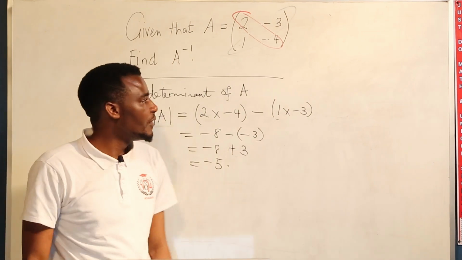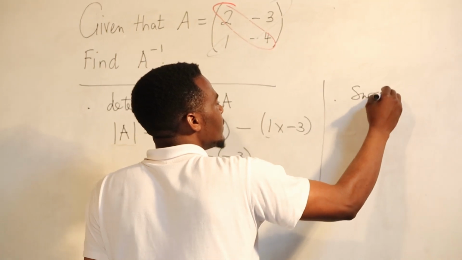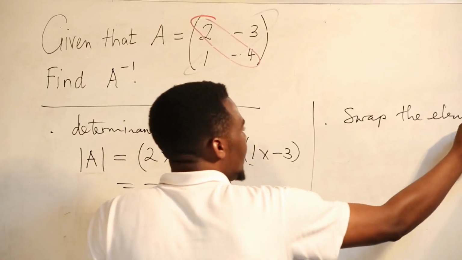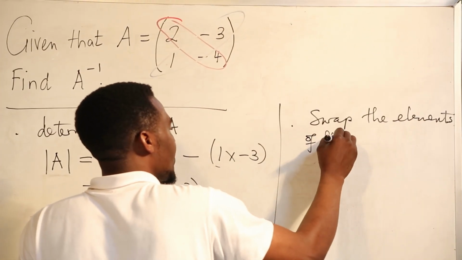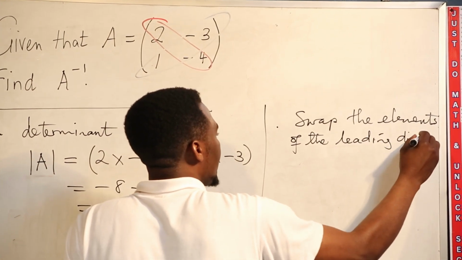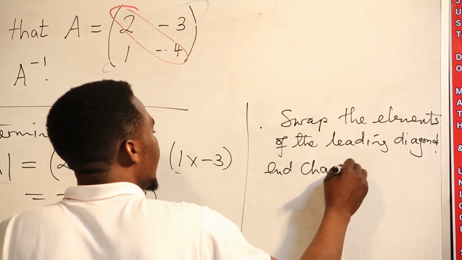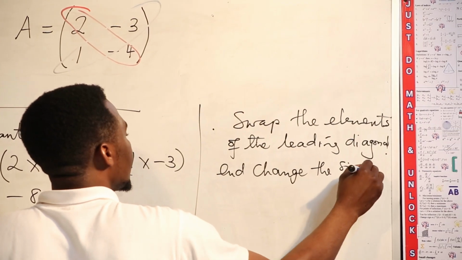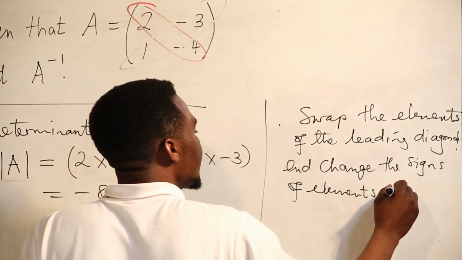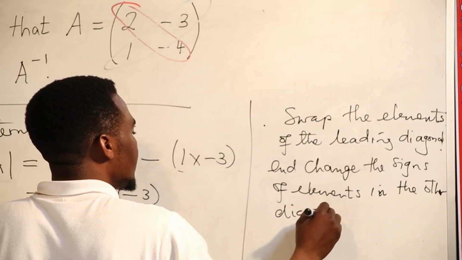What are we going to do on the next step? On step number 2, let's swap the elements of the leading diagonal, and change the signs of the elements in the other diagonal.